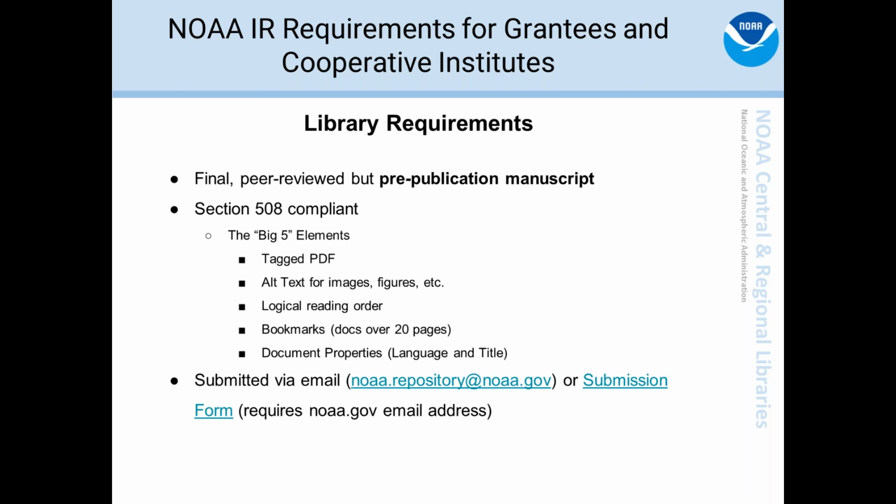I'm sorry, I sound a little bit like a broken record, but it is the final peer-reviewed but pre-publication manuscript, except there is one caveat to this. If you publish in an open access journal that allows us to use the publisher's version, we can take that publisher's PDF. If it is not an open access journal, though, we would require that manuscript, that final peer-reviewed pre-publication manuscript.